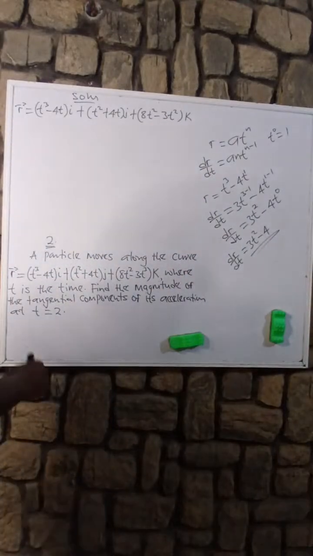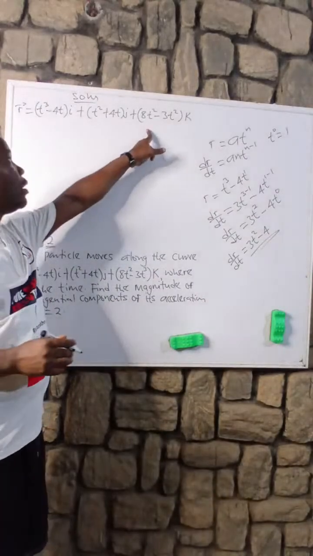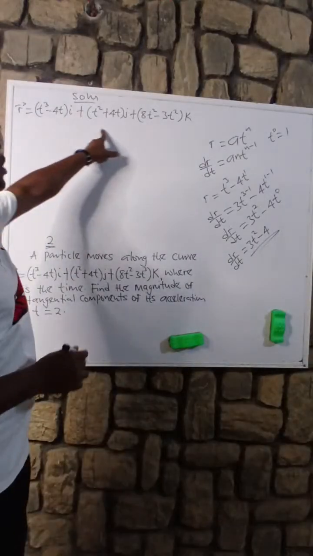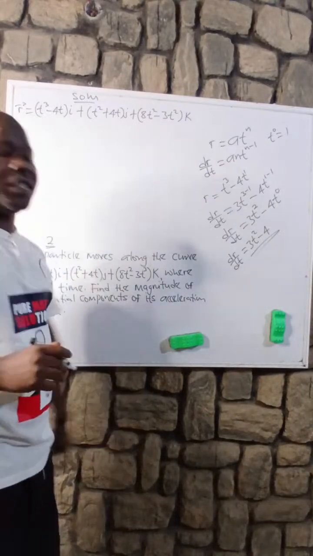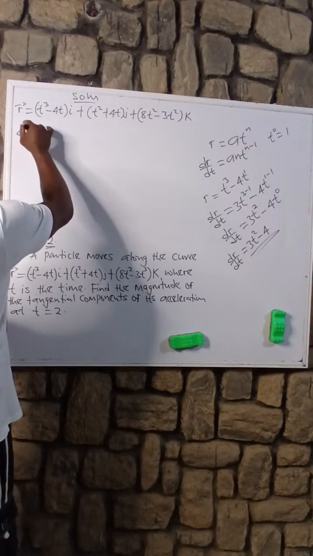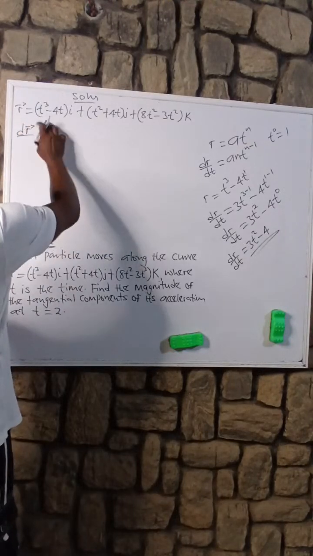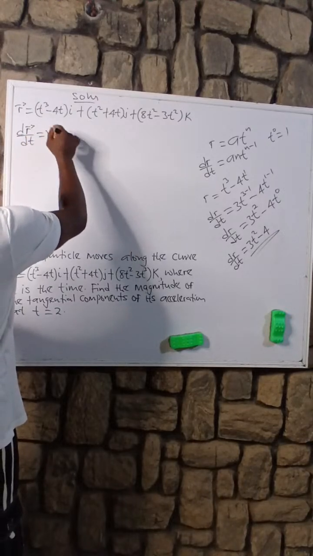So let's differentiate it. Since it is a vector, if we differentiate this function once, that is our velocity. Do you understand? It means dr/dt, differentiating with respect to t, is our velocity v.